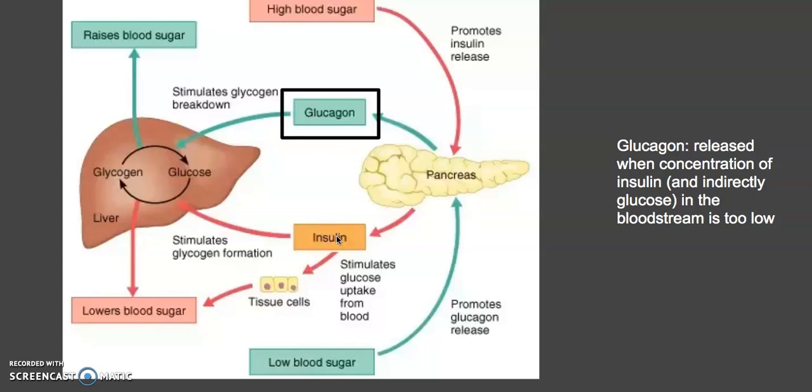There's already enough sugar in the cells. But if the level of insulin is really, really low, then we have a problem. We need to release glucagon and start this other cascade.